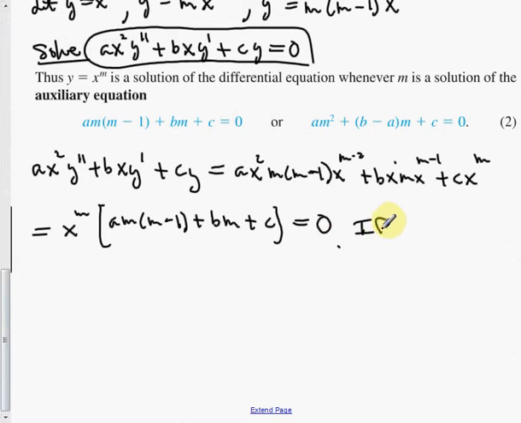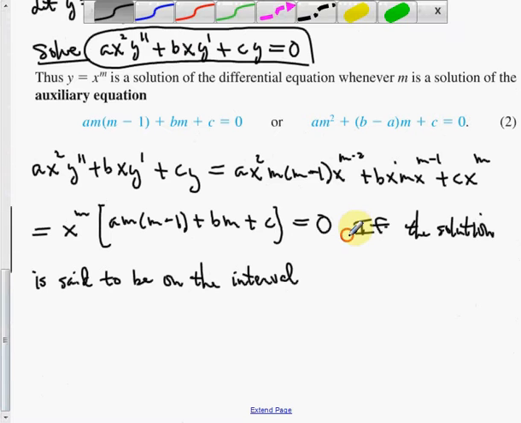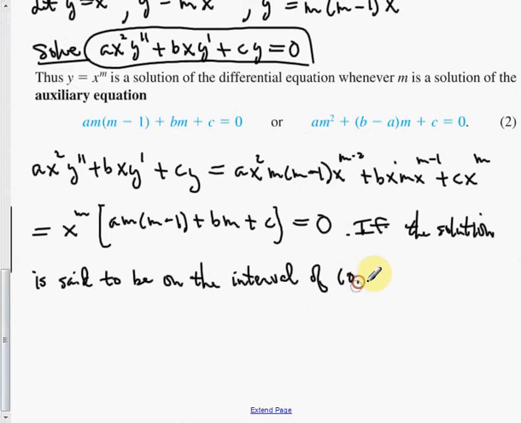Well, if the solution is said to be on the interval from 0 to positive infinity, then x to the m cannot equal 0.